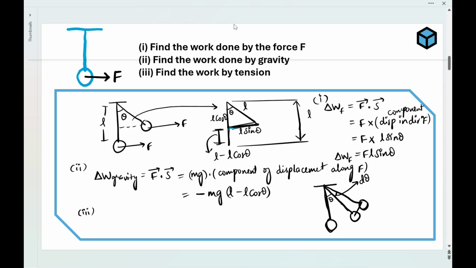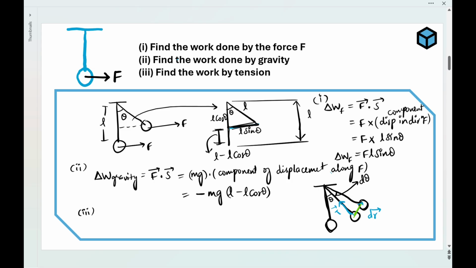So here the green one is the displacement. Okay, it's a small displacement when the angle has changed by d theta, and we know that tension always acts like this. So this is dr, the small displacement, and this is T bar.